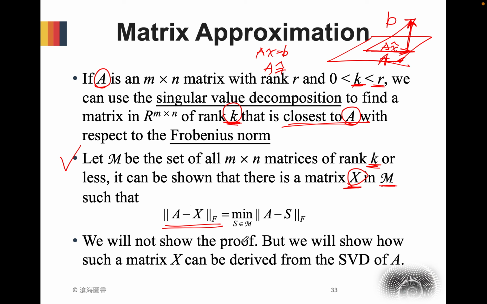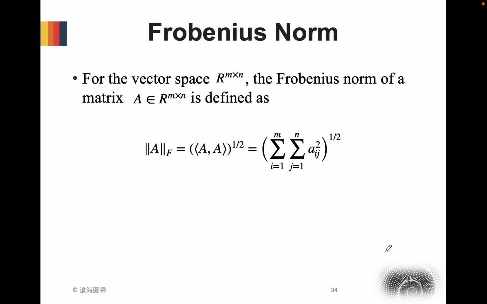We will not show the proof, but we will show how such a matrix X can be derived from the SVD of A. Before we introduce how to calculate the matrix X, we first introduce the Frobenius norm, because the Frobenius norm was introduced in previous sections in this textbook, but we skip it.